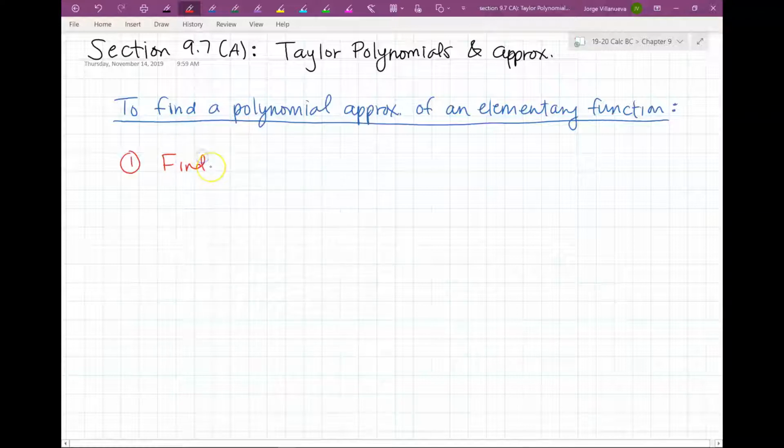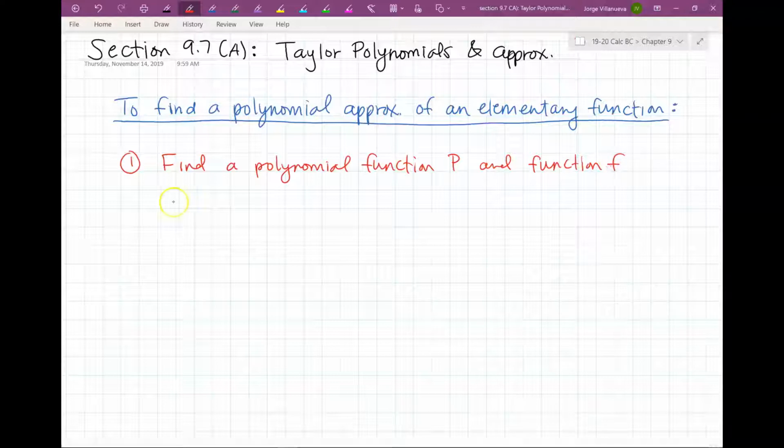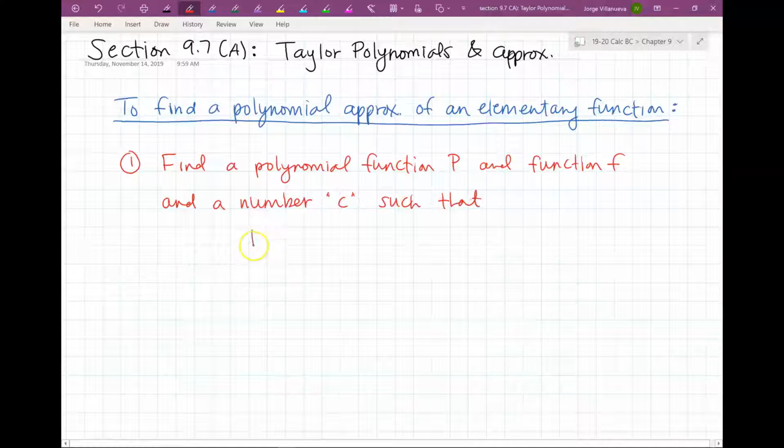We're going to find a polynomial function p and function f and a number c such that p of c is equal to f of c.